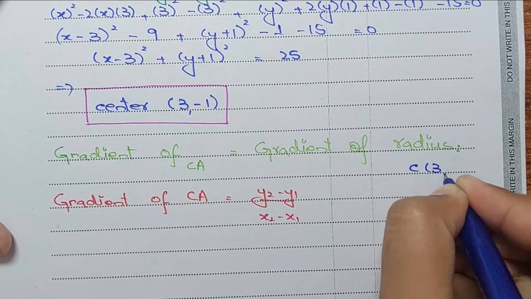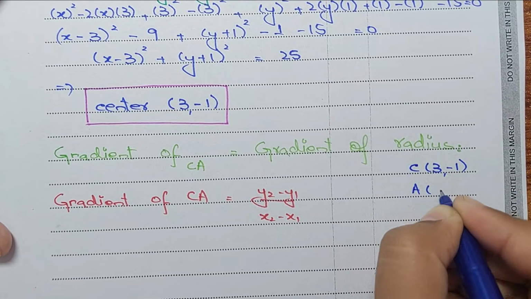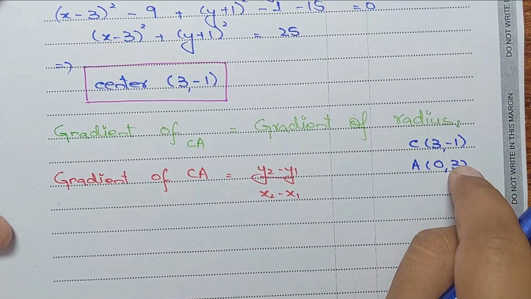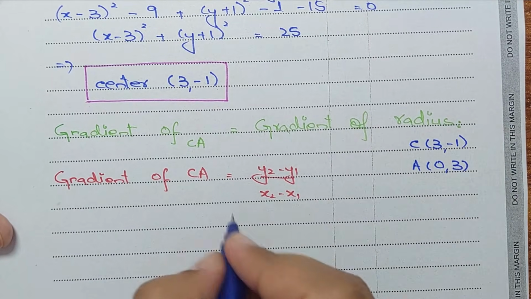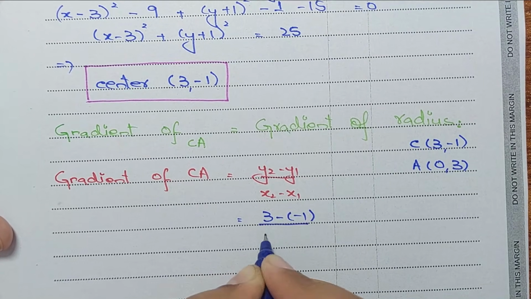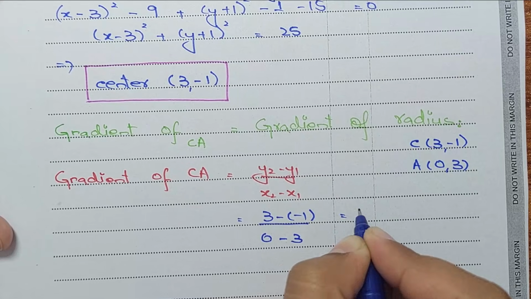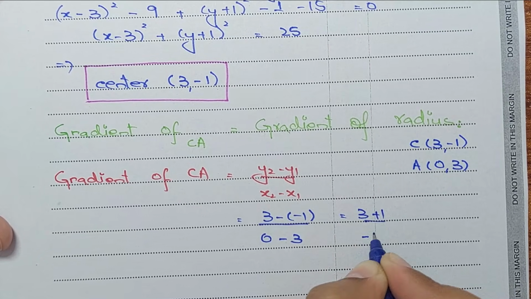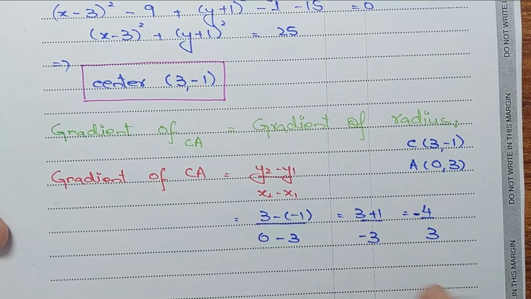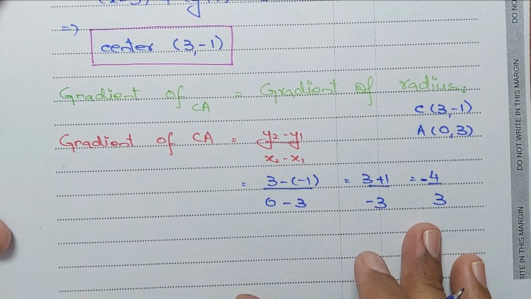C coordinates are 3 and minus 1. A coordinates are 0 and 3. This one is x1, y1, x2, y2. Y2 minus y1, 3 minus minus 1, over x2 minus x1. Here we have 3 plus 1 divided by negative 3. So 4 over 3, so minus 4 by 3 is the gradient of CA.